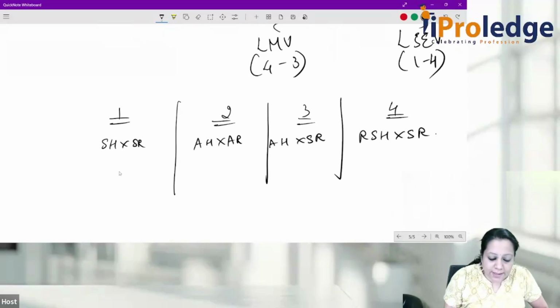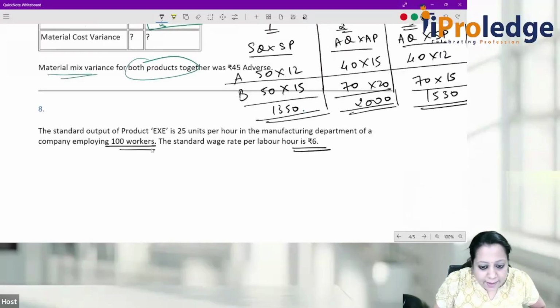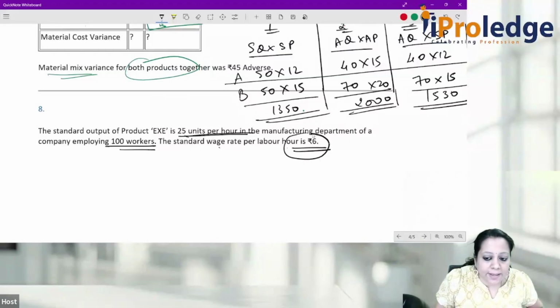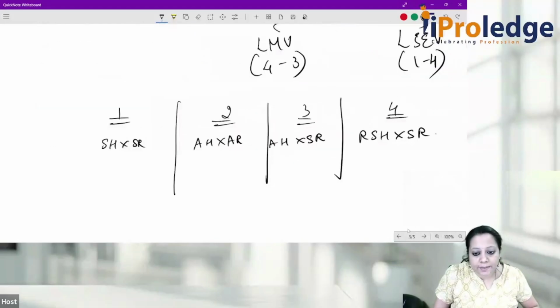So standard hours is going to be, you all can see it is 100 workers. And for one unit, they are saying 25 units per hour. Isn't it, students? That means, and they are saying the labor hour is 6. So first I have to find out standard hours into standard rate.